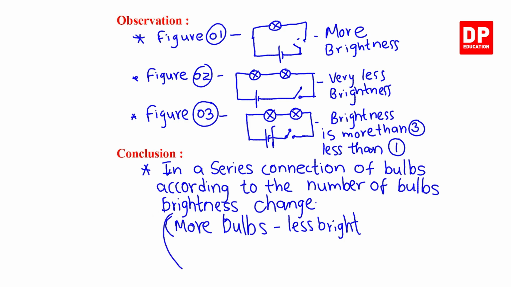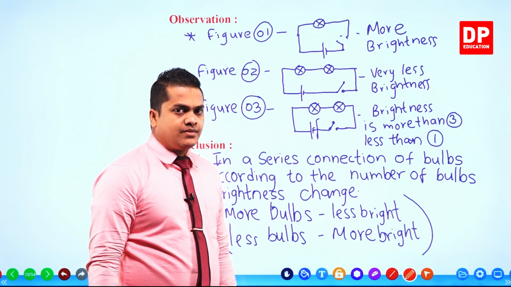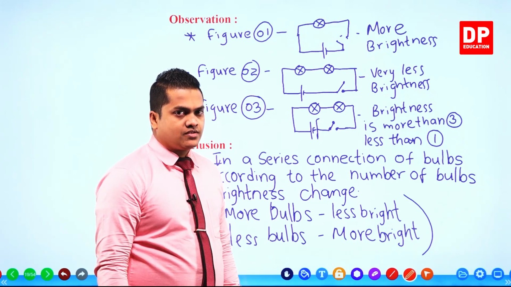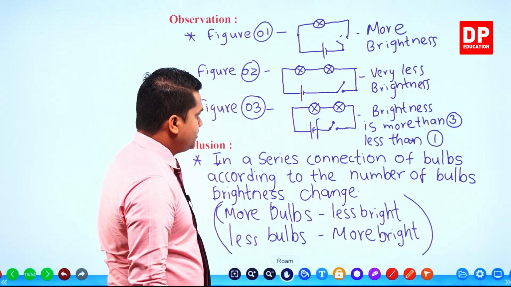Then if there are fewer bulbs, then more bright. So this is our final conclusion from the activity. So if you want to increase the brightness, you have to provide more cells. Okay, right? So we'll write down that one also.